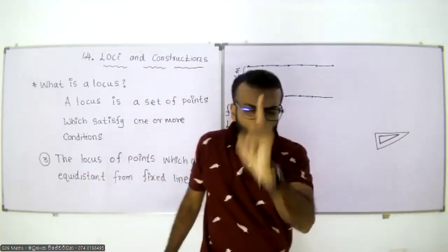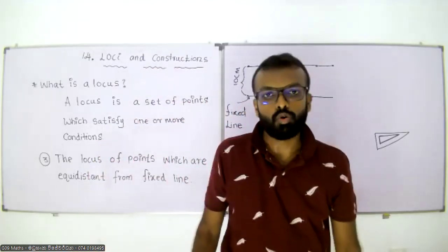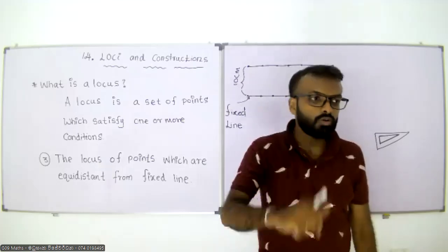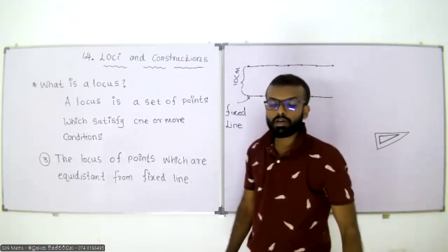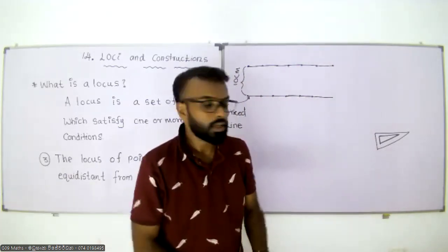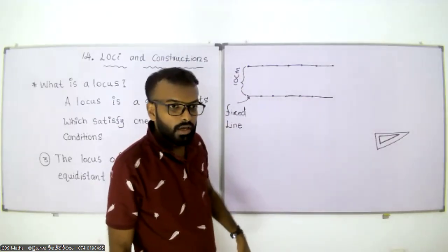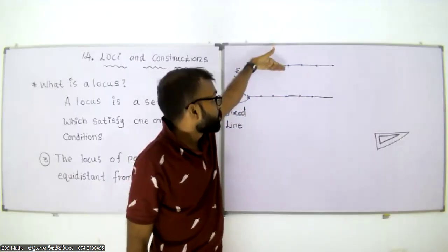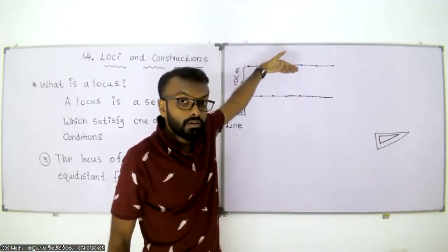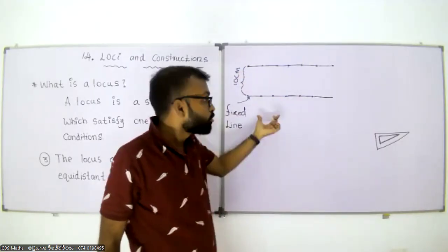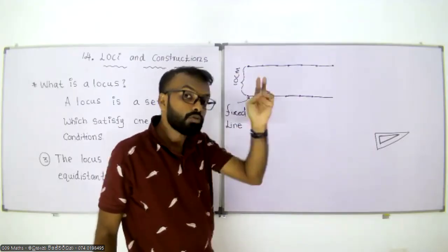So, is that the only line that you can draw? Only the top line? Can you draw another line equidistant to this line, from the bottom?